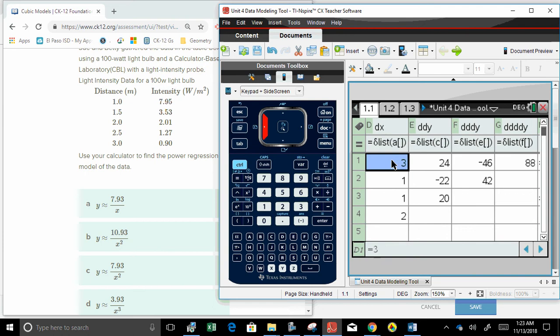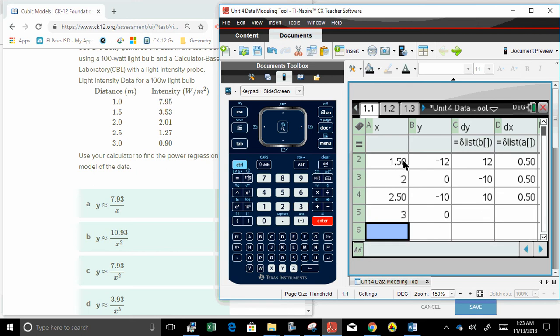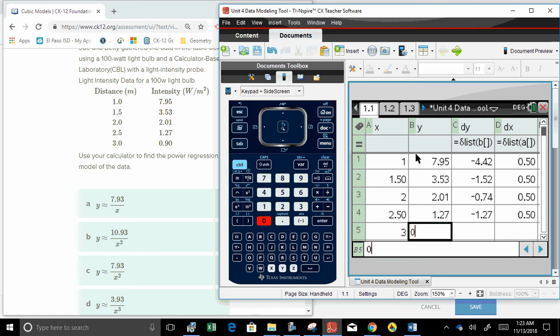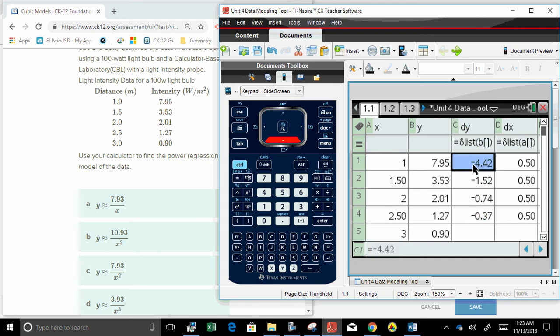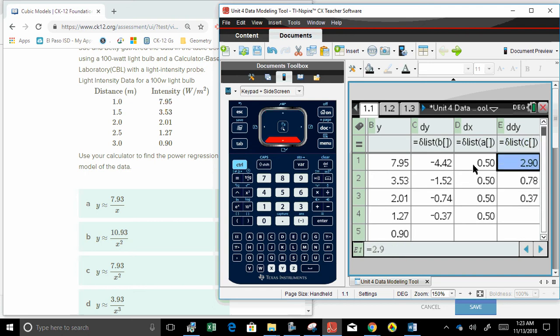Let's see, this problem here. 0.295, 8.53, 2.01, 0.27, 2.90. First difference, second difference, oh, that seems to work. No, those are the first inputs.